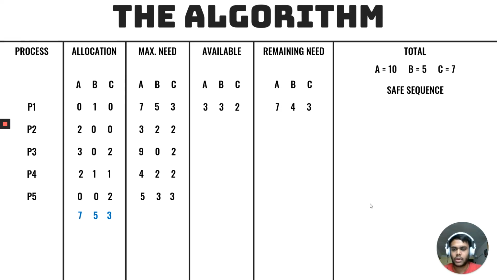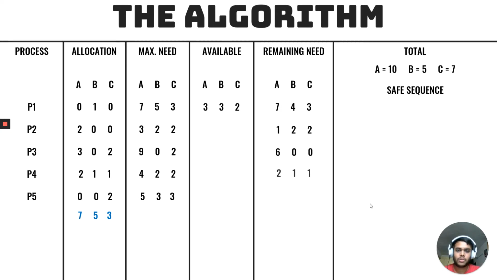We have found that out from subtracting the allocation from the max need. The maximum need for P1 is 7, 5 and 3, and the current allocation is 0, 1 and 0. So subtracting that, here's the remaining need 7, 4, 3. It needs 7 units of A, 4 units of B and 3 units of C to execute completely.